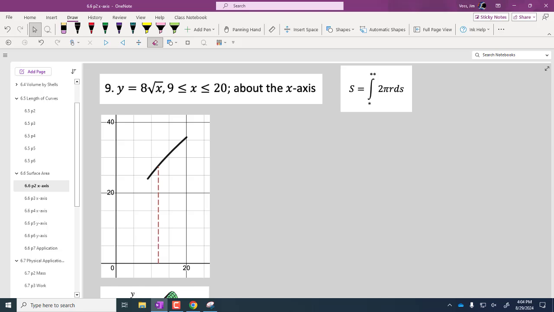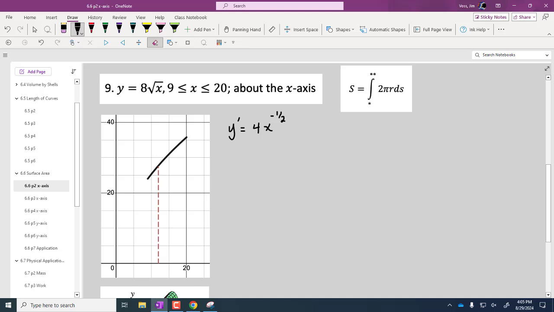Once again, we know we need the derivative. So with arc length or with surface area, we need to plug into that 1 plus y prime squared. So we need to take a derivative. The derivative here, that's x to the half. Half comes down, multiplies to the 8, giving a 4. And then we subtract 1 from the exponent, and we get negative 1/2.